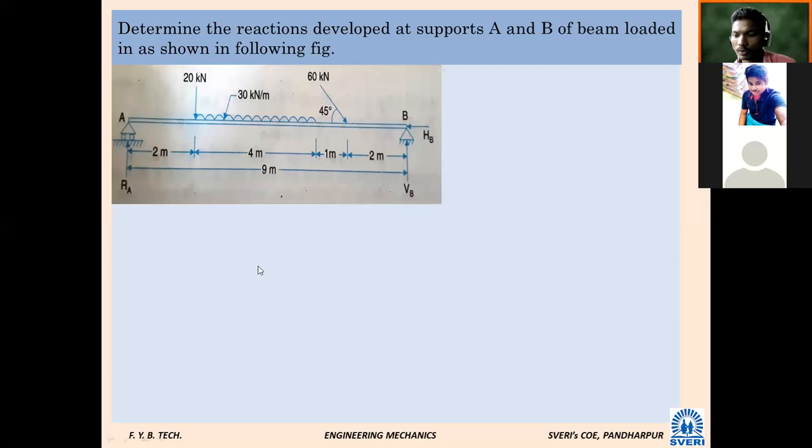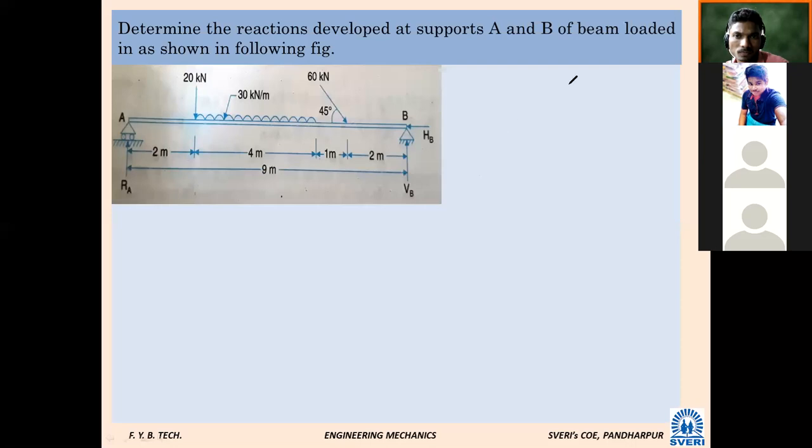Which are the types of supports in this problem? Roller support and hinged support. Very good.